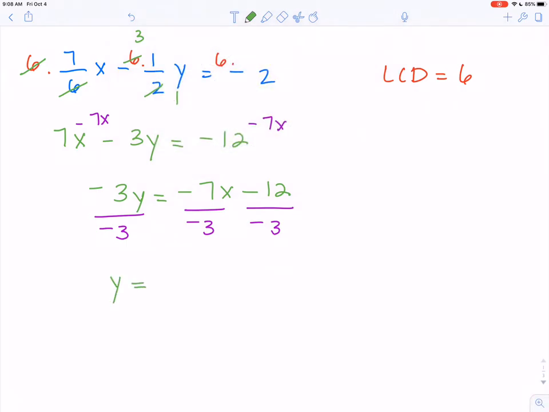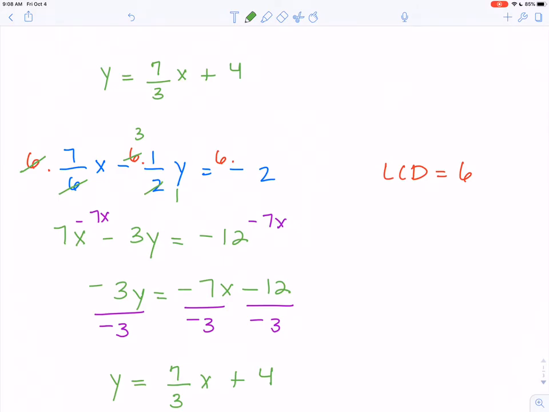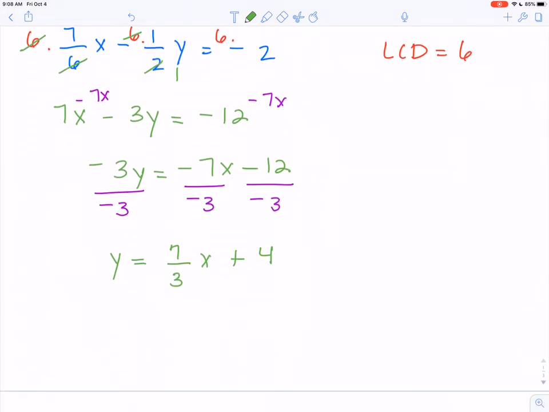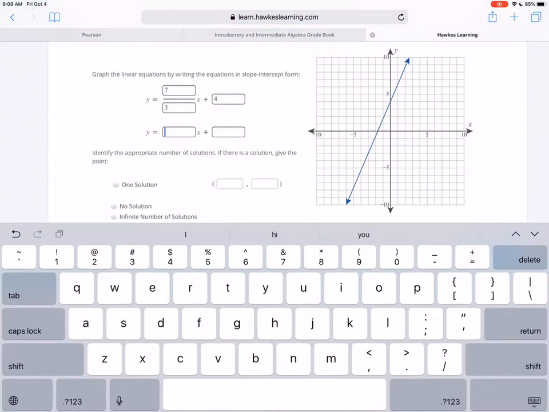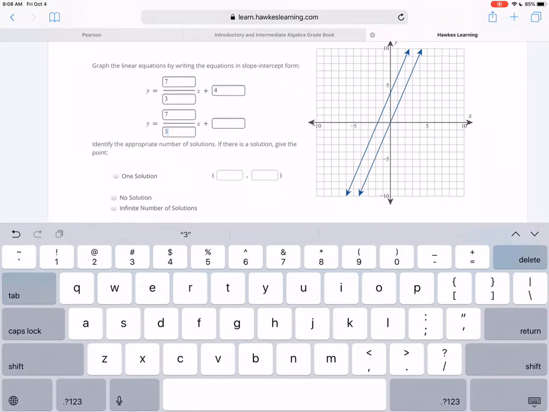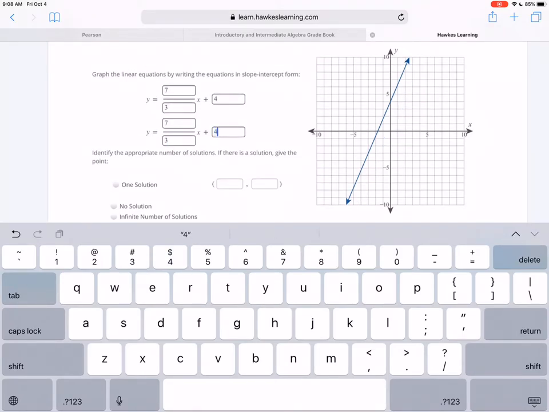And my slope-intercept form, y is equal to 7/3 x plus 4. Now this should look familiar because that's the same thing that happened when we solved the first one for y. And so what that allows me to do is see that I actually have identical lines. This one's also going to be 7/3 x with a y-intercept of positive 4.